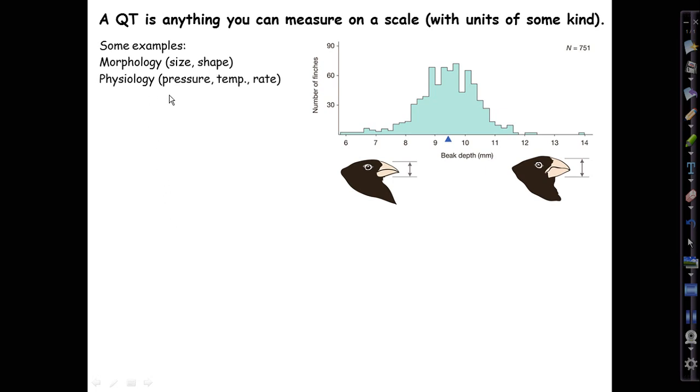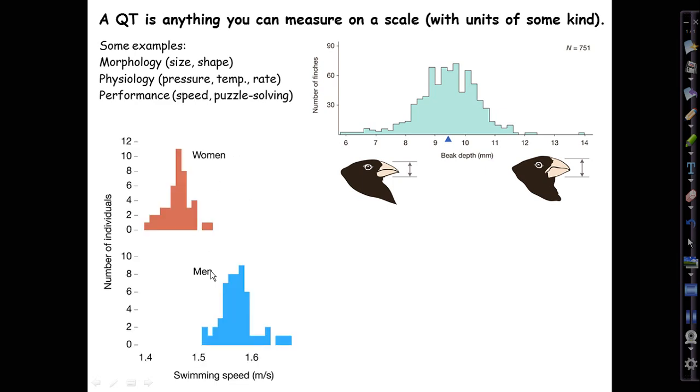Physiology is full of them. Pressures, temperatures, rates of anything, you name it, you can turn those into quantitative traits. And performances of other kinds. For example, swimming or running speed. Here's some data from the textbook on swimming speeds of men and women in some kind of event.